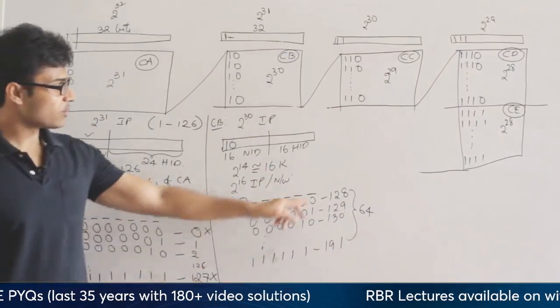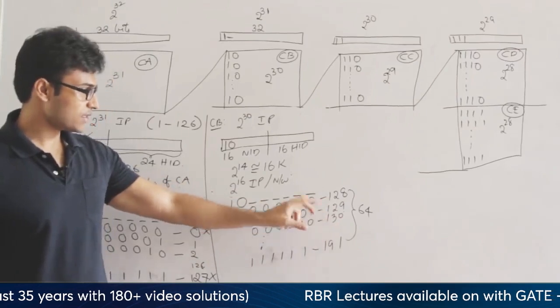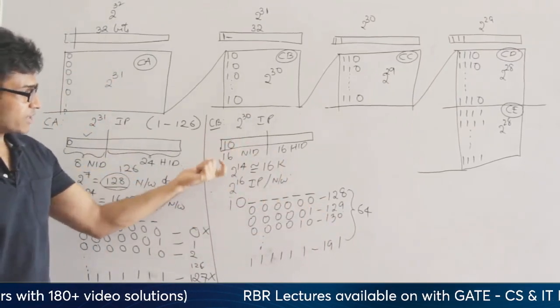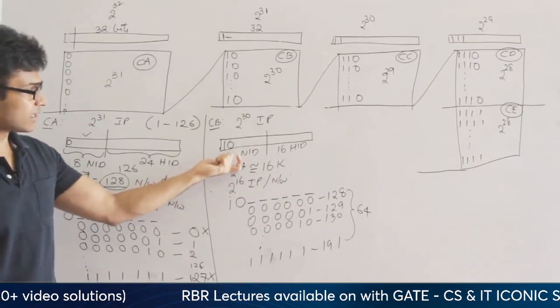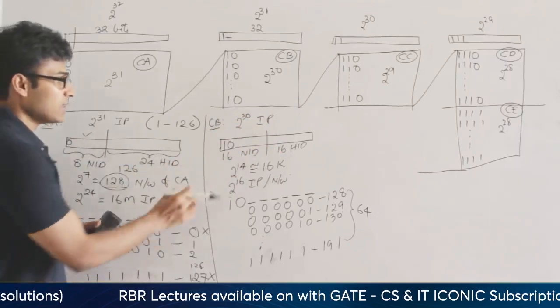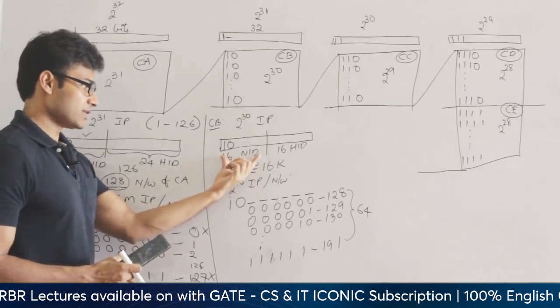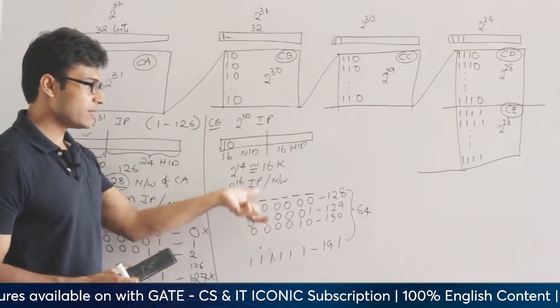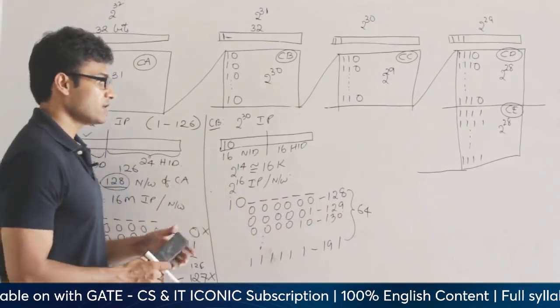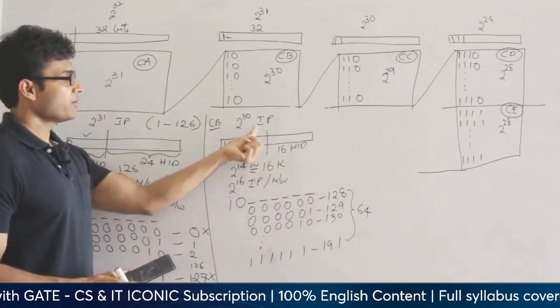We got only 64 numbers because we have examined only the first octet of the 16 bits. There is one more octet, isn't it? The total network ID part of class B is 16 bits, but I have shown you only 8 bits here. Using 8 bits I got 64 numbers, and how many bits are remaining?